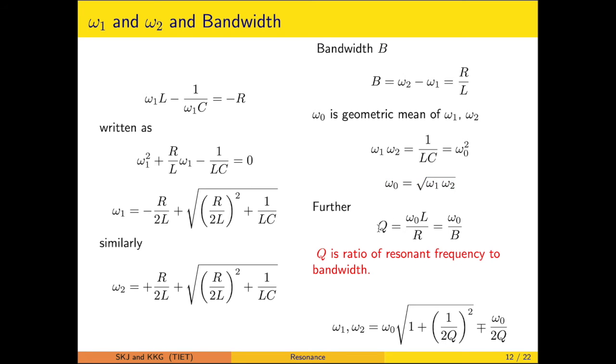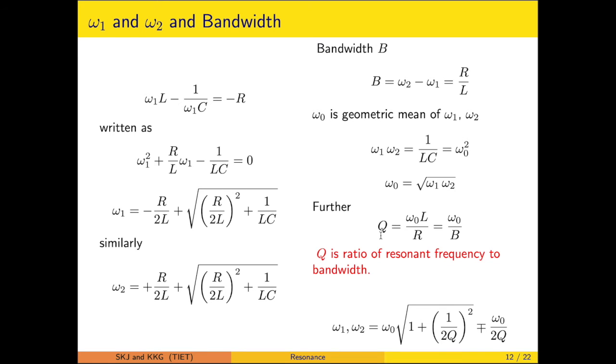Now the quality factor we have already defined, that is omega 0 L upon R. Bandwidth has come out to be R upon L. So this results into the expression Q is equal to omega 0 upon B, or the resonant frequency upon bandwidth. As the bandwidth is narrowing, decreasing, the Q value will be increasing. So Q is the ratio of resonant frequency to the bandwidth.